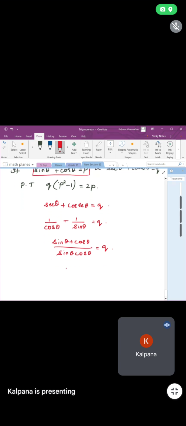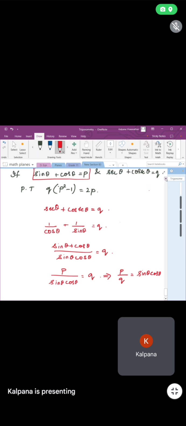So I can write this as P by sin theta cos theta equals Q. Which is nothing but P by Q is equal to sin theta cos theta.